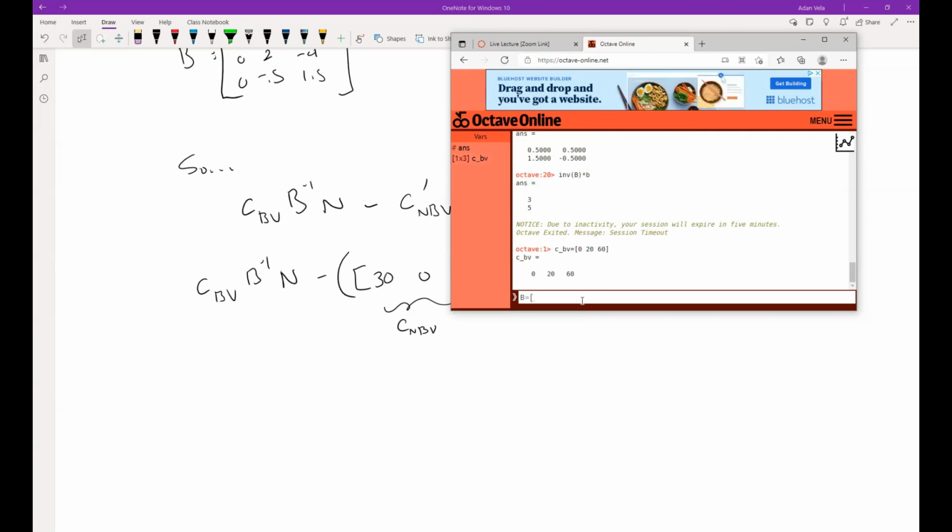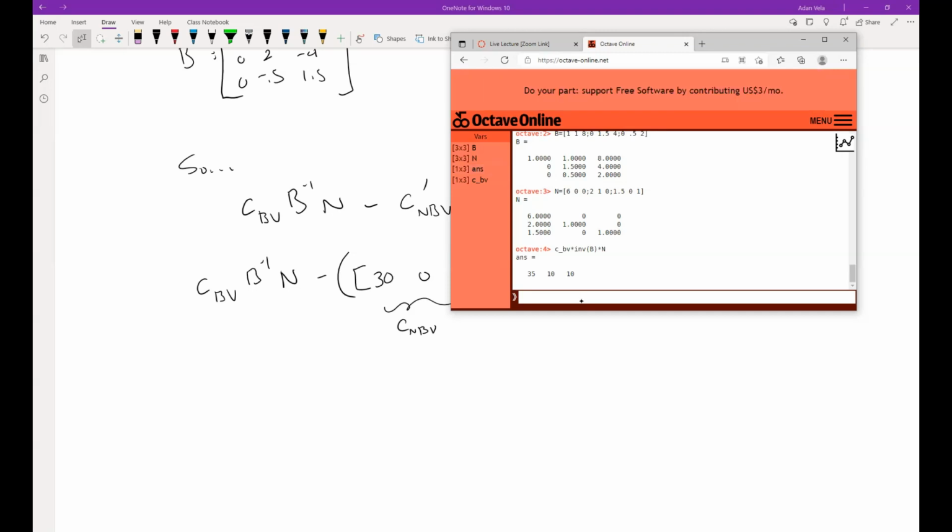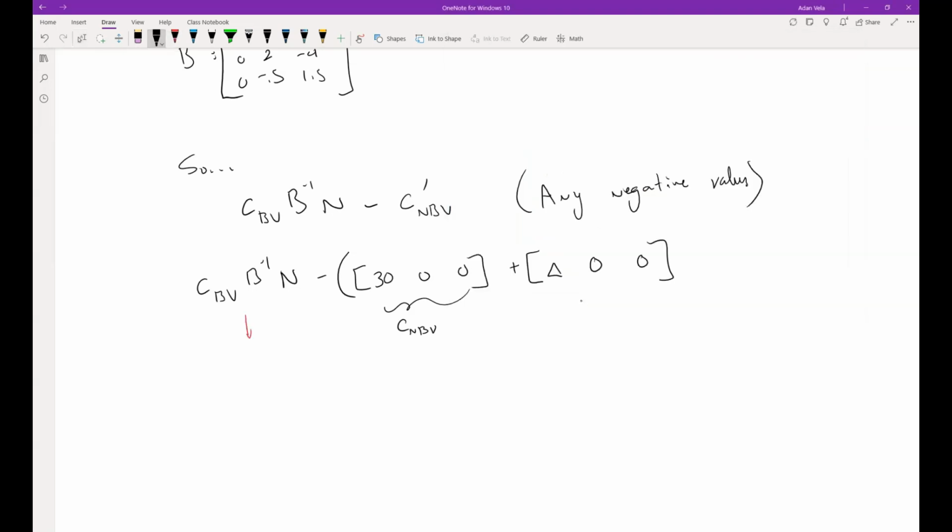There goes B, and there goes N. So we want to calculate CBV times B inverse times N. In this case, we get 35, 10, and 10.